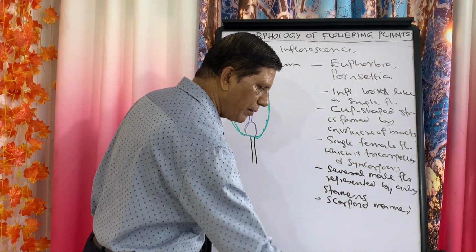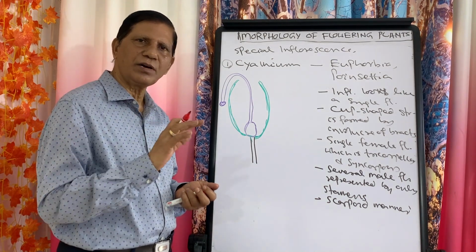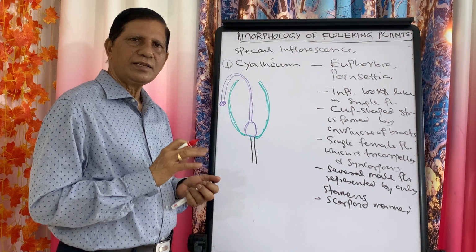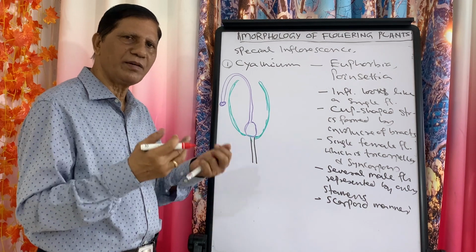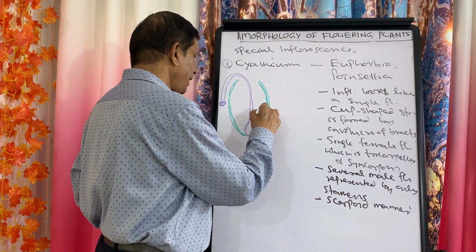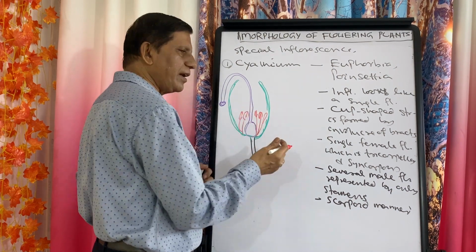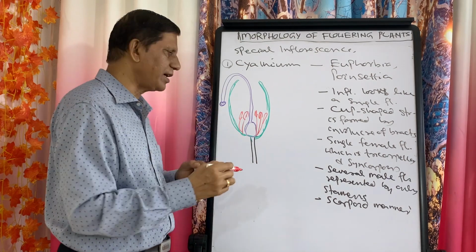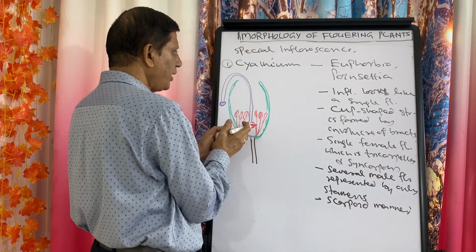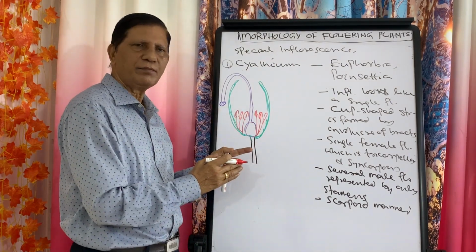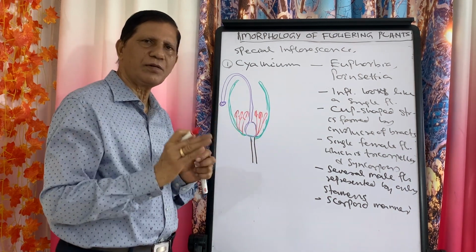Now, the single female flower is surrounded by several male flowers, and the male flowers do not have calyx, corolla, or any of those things. The male flowers are represented only by the stamens. That means the stamen represents the male flower. So there are several male flowers like this, but how are they arranged? They are arranged in a scorpioid manner, that means in a left, right, zigzag manner. Now this is the entire inflorescence. It looks like a single flower, but this is the female flower, which is tricarpellary syncarpous. These are the male flowers, which are represented only by stamens.